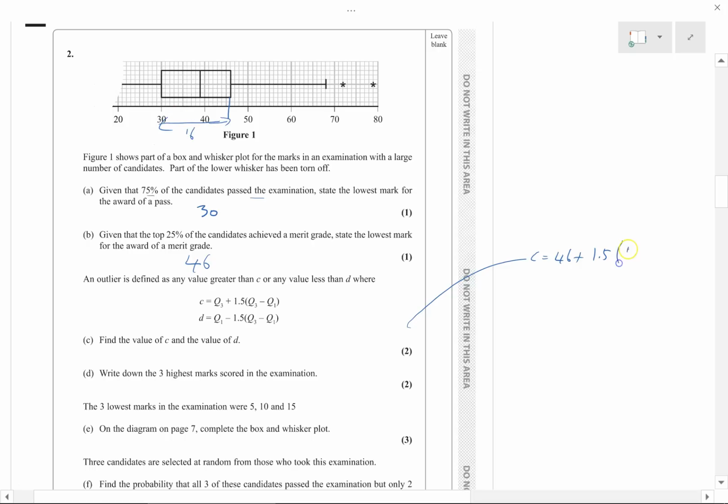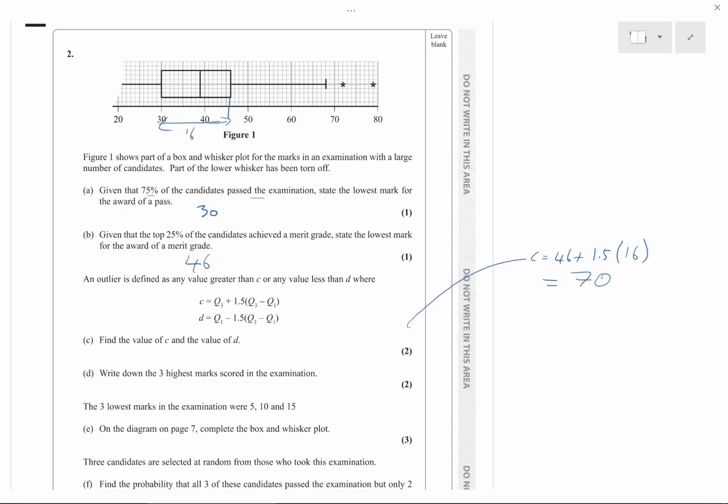That's 1.5 times 16, so that equals 24, plus 46, so that equals 70. Okay, so that's the upper boundary.